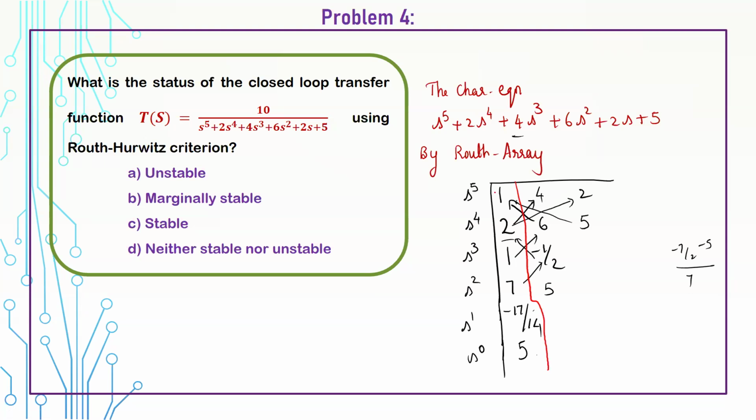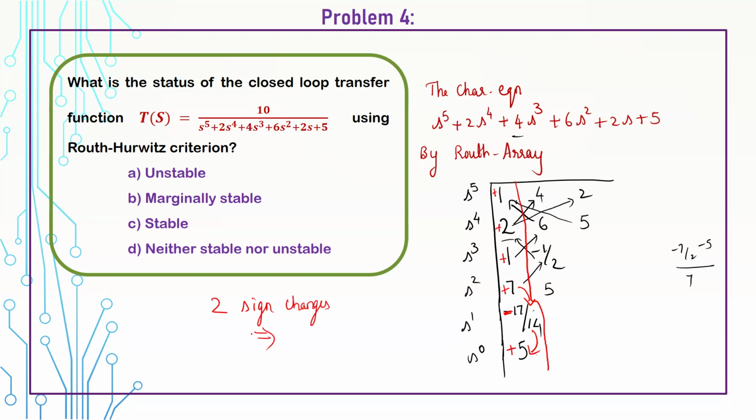So this is positive and this is also positive, the same sign. And here also the same sign. And here a negative sign, and again here a positive sign. So from the s square row, there is one sign change. Again, negative to positive, a second sign change. So there are two sign changes in the first column of the Routh array.